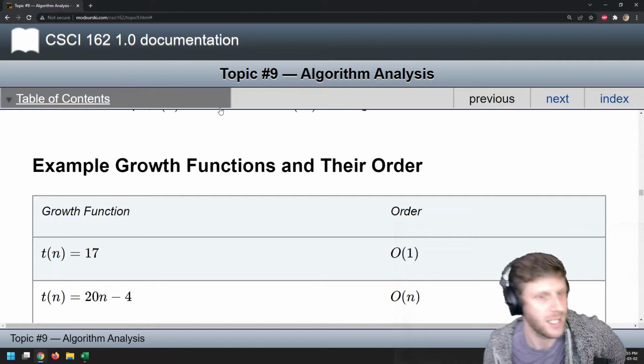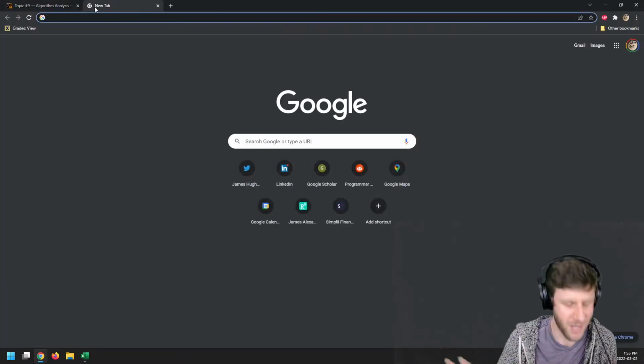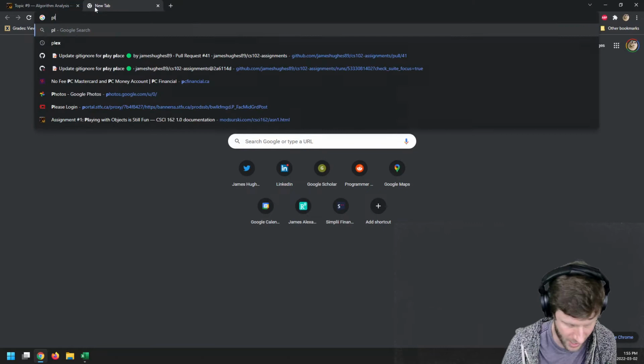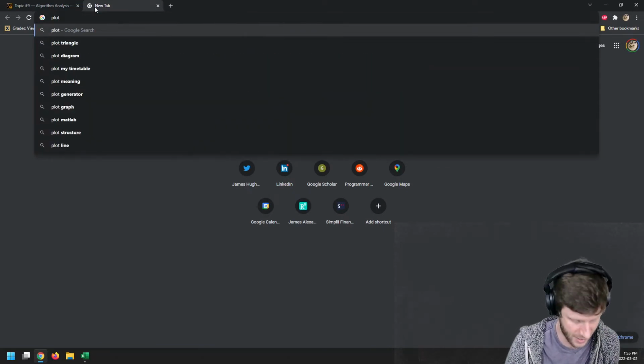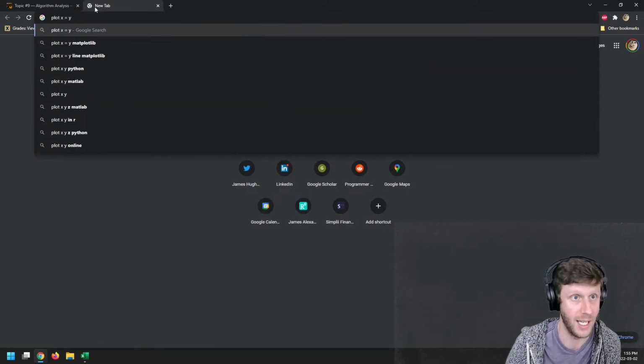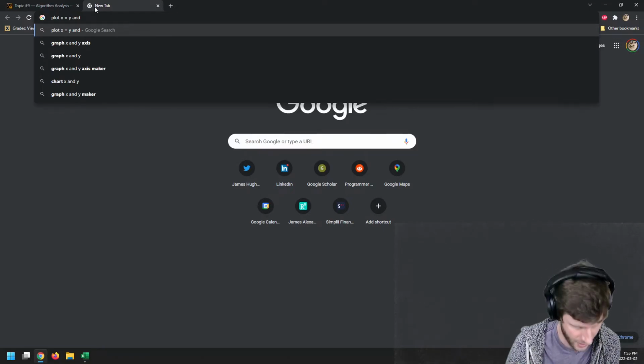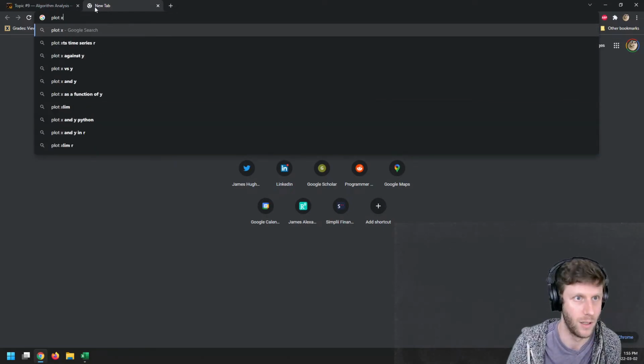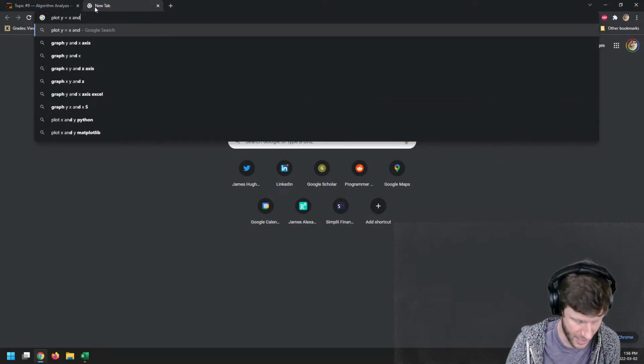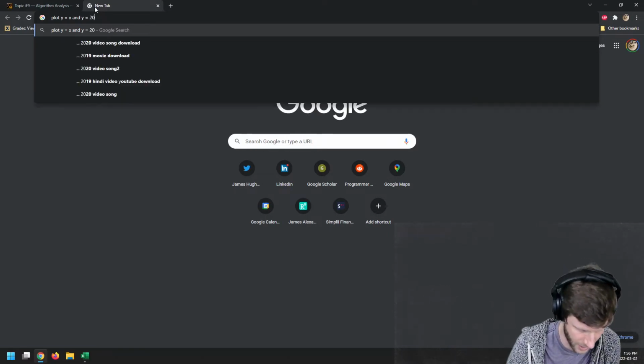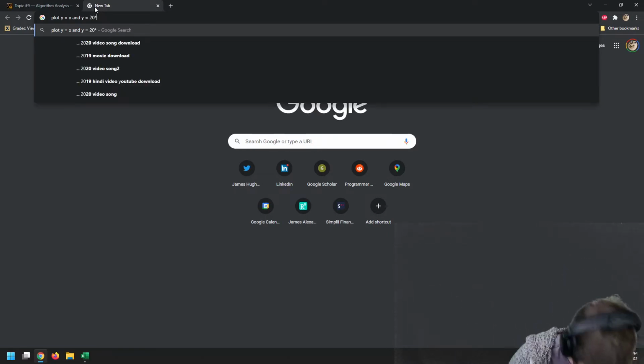If I plot, let me be clear, I'm wording this poorly. Plot y equals x and y equals 20 times x.